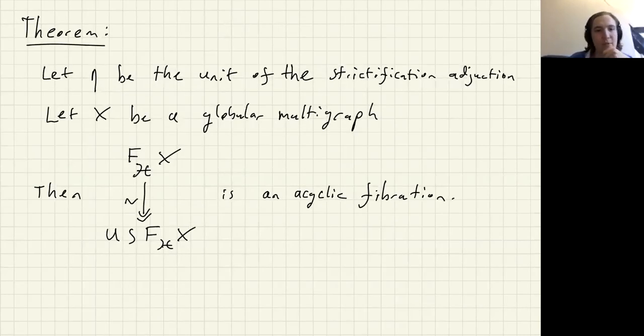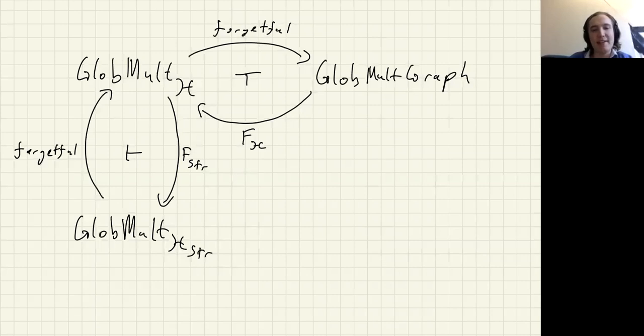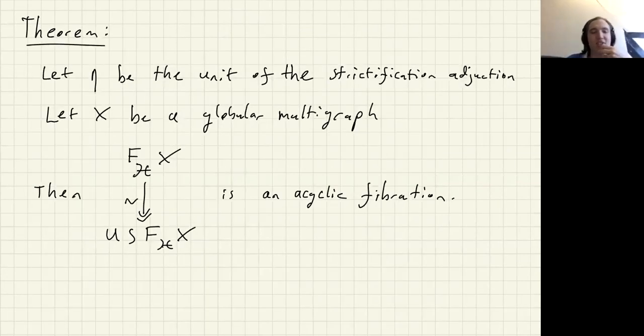Using this adjunction, we can look at the unit of that adjunction to compare the free weak homomorphism types on a globular multigraph to the free strict homomorphism types on the same globular multigraph. There's a canonical map, and all it's going to do is introduce some extra equations that make our theories stricter.